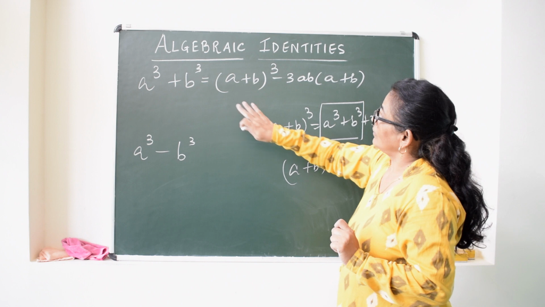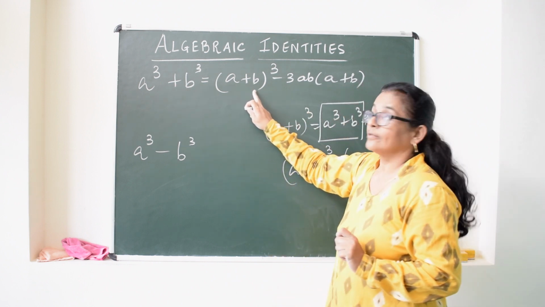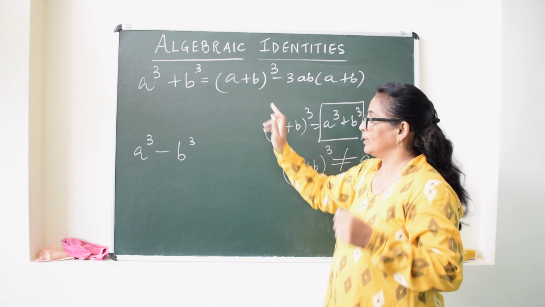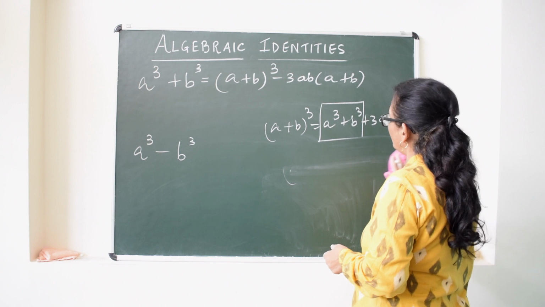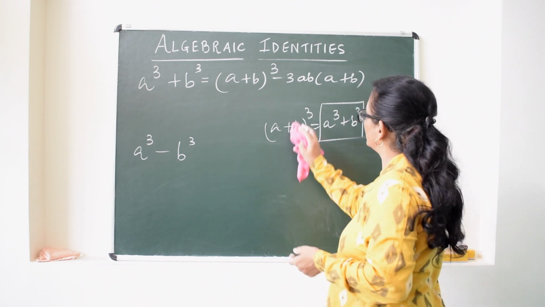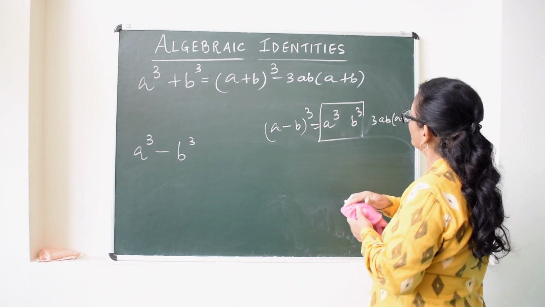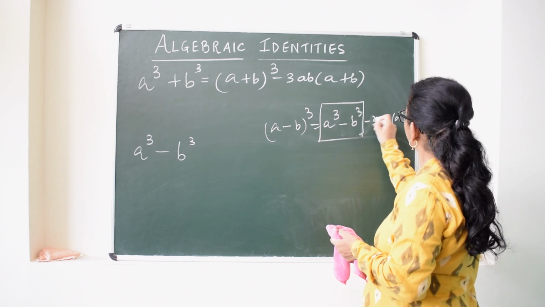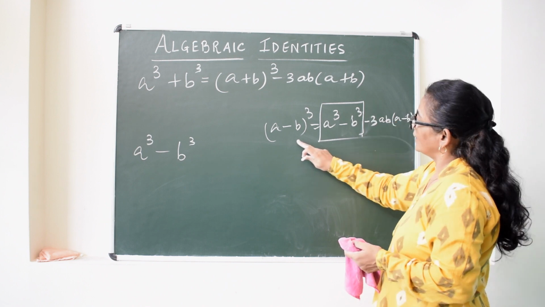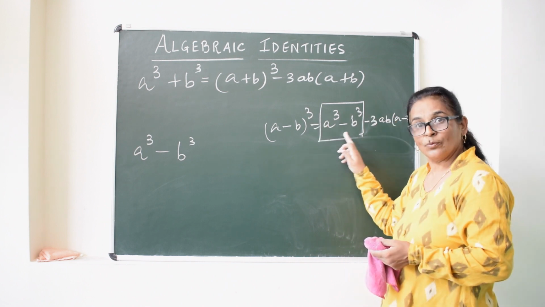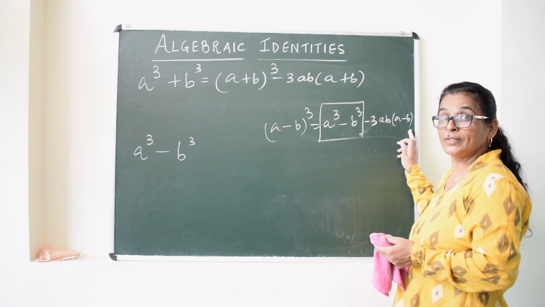That if we want the value of a cube plus b cube, we can get it from a plus b the whole cube. Similarly, if we want the value of a cube minus b cube, we can get it from a minus b the whole cube. Okay, so in that case, a minus b the whole cube, a cube minus b cube, minus thrice ab into a minus b will help us.